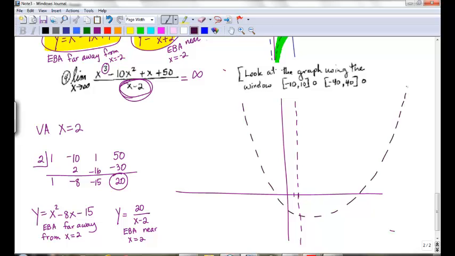And put in the other one, and use a different color on that one. And put in 20 divided by the quantity, put parentheses, x minus 2.